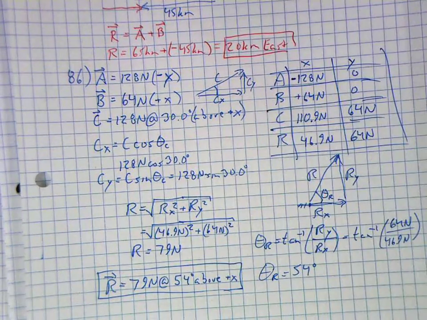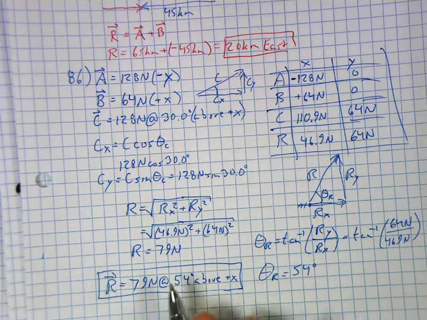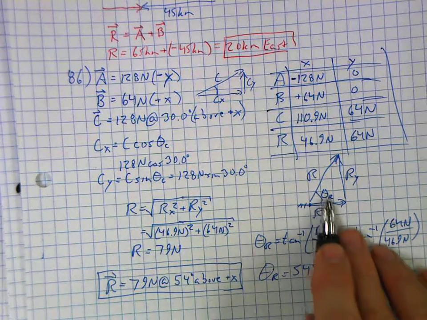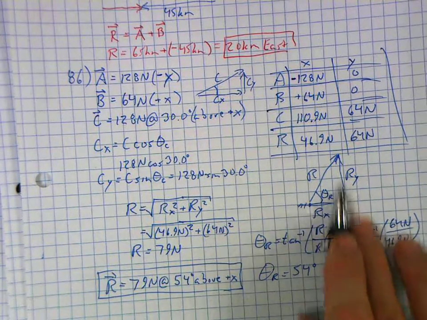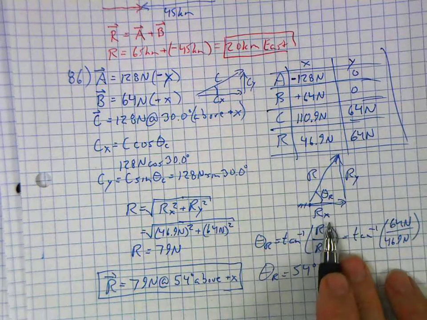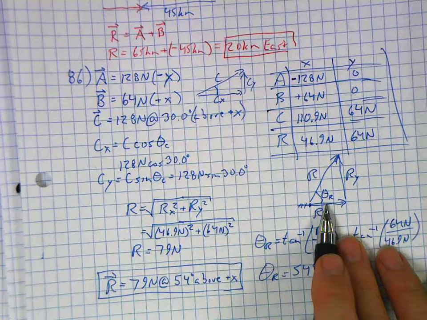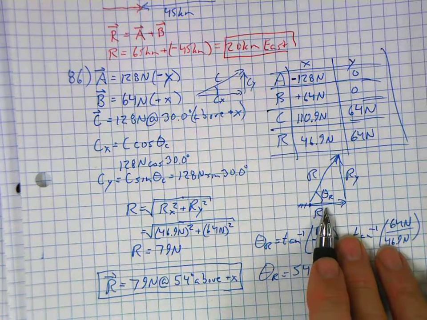Now, before I shut this down, I want to go back and double check, because we should be checking our angles. This angle, 54 degrees, based on the vague sketch I made where R sub y was a bit bigger than R sub x, looks to be in the right neighborhood. It is definitely a bit more than 45 degrees.